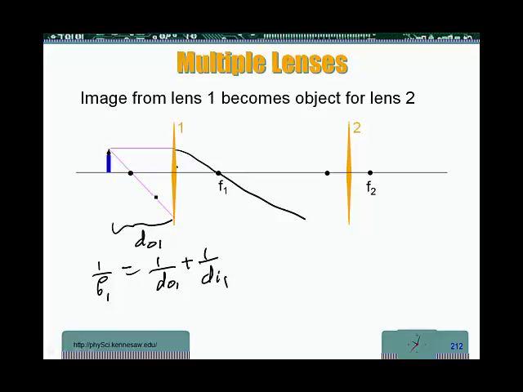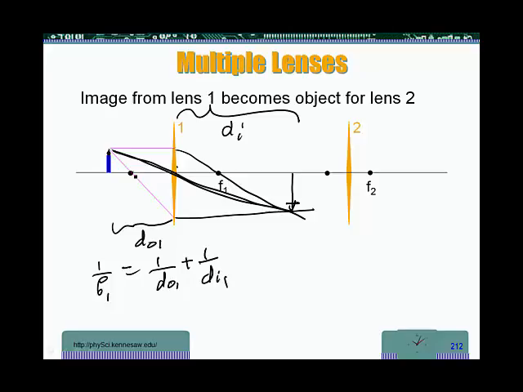The one that's passing by the focal point is going to come out parallel to the principal axis, and the one through the center is going to continue straight. Of course, I'm not doing these ideally, but that's the idea. So in this particular case, we are going to get an image somewhere here, inverted and real. And this is going to be my DI.